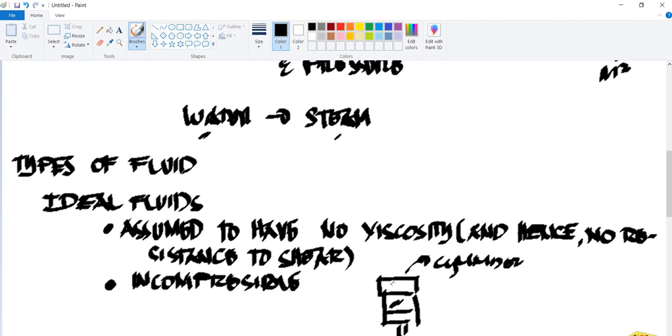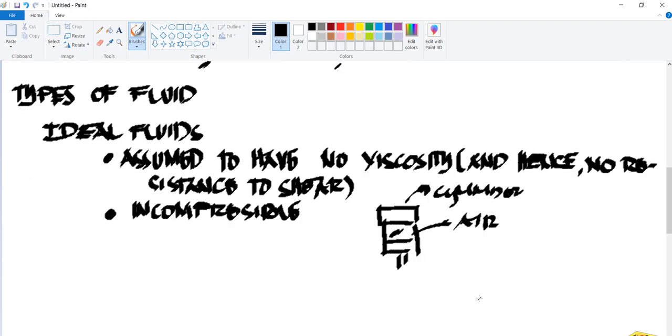When you try to compress it, it is incompressible; it cannot be compressed. It's hard. Compared to air, which can be compressed, water and oil are incompressible.